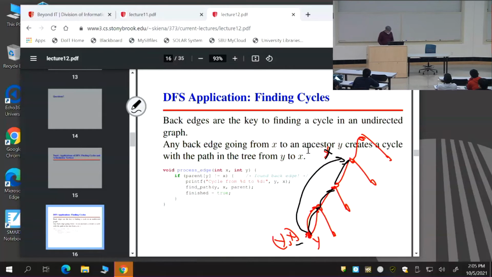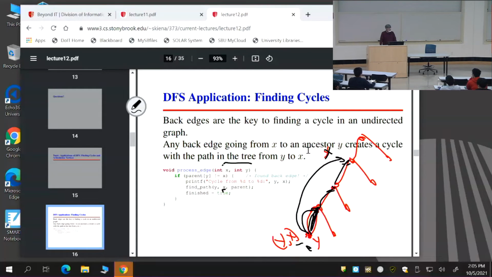The moment we have a back edge, namely, if we're processing an edge xy, and the parent of y is not x, meaning it's not just a tree edge but goes to an earlier ancestor, then the claim is that there is going to be a cycle if we start from y and walk back until we hit vertex x.